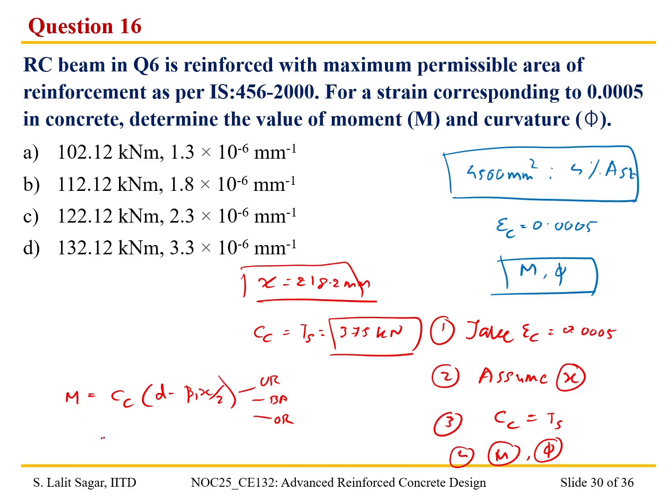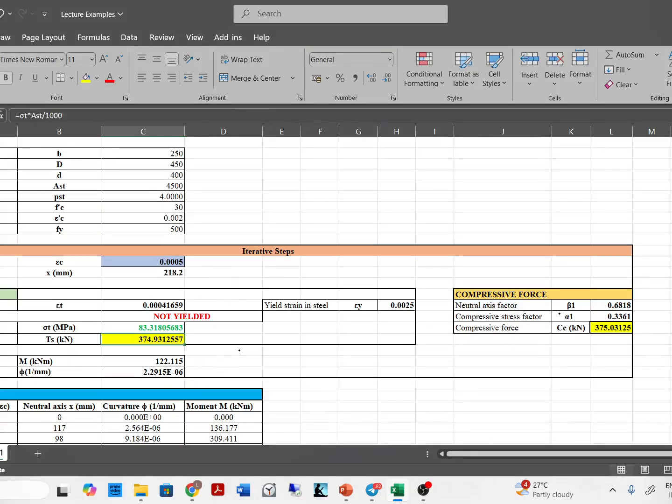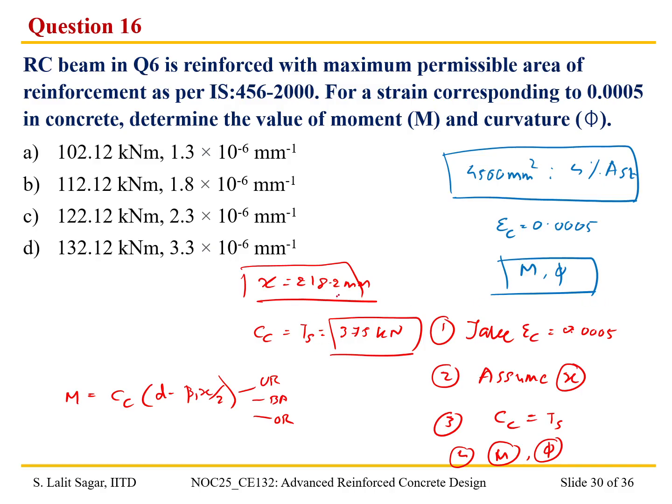So when we substitute the value of Cc as 375 kilonewton, d as 400 millimeter, beta 1, which depends on the value of epsilon c, as 0.68, and x as 218.2 millimeter, we obtain the value of M as how much?